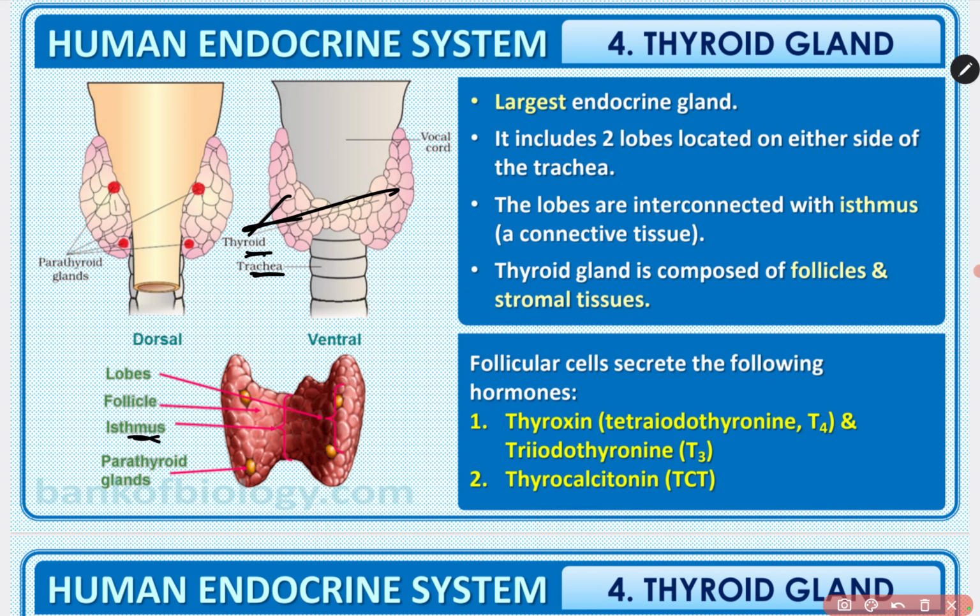The thyroid gland is composed of follicles and stromal tissue. Follicular cells secrete the following hormones: thyroxine, tetraiodothyronine T4, triiodothyronine T3, and thyrocalcitonin TCT. These follicular cells produce these hormones.